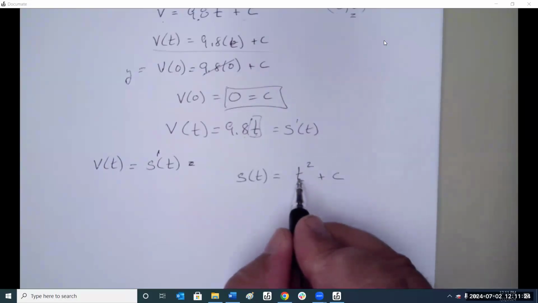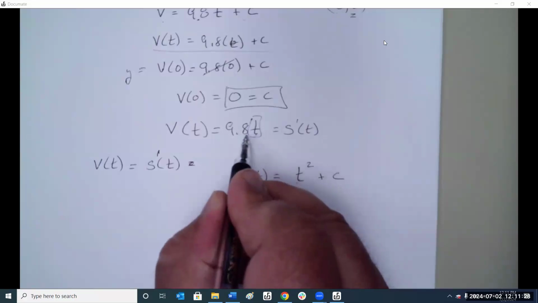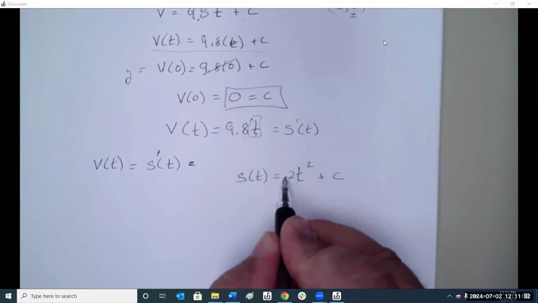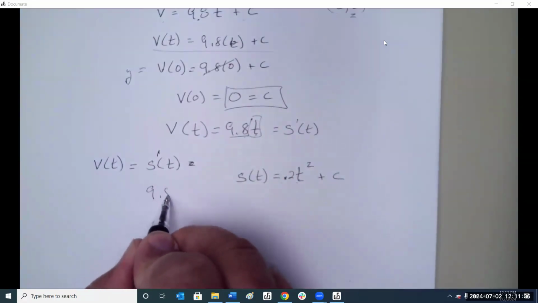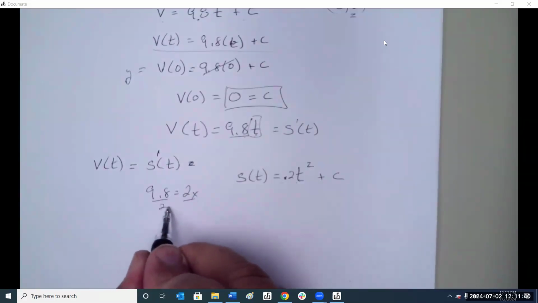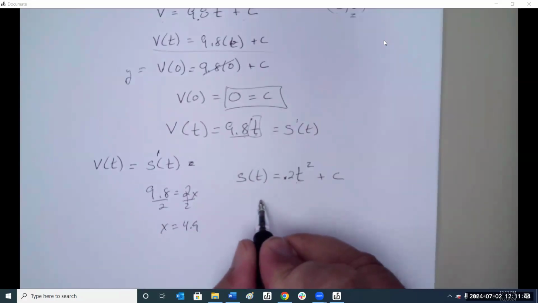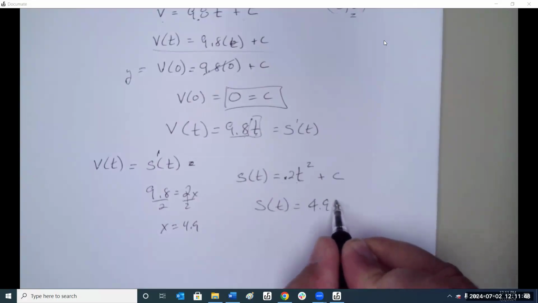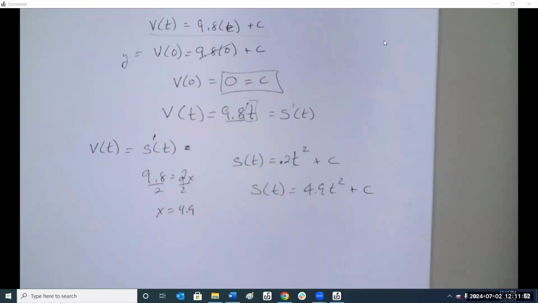So the derivative of t squared would be 2t. So there's the t. So 2 times something will give us 9.8. 2 times something. So the position function is 4.9 t squared plus c.